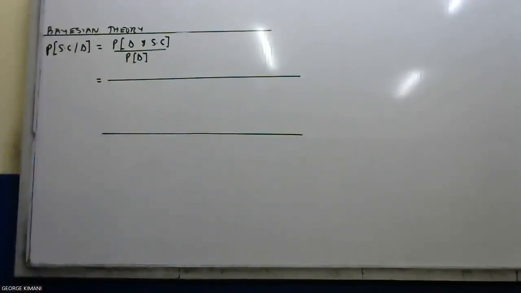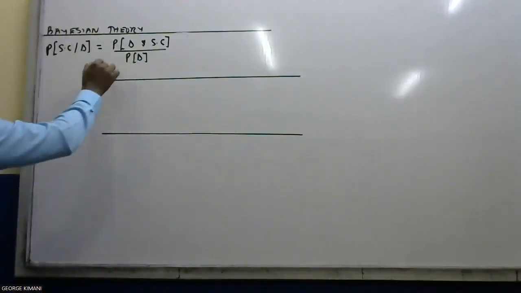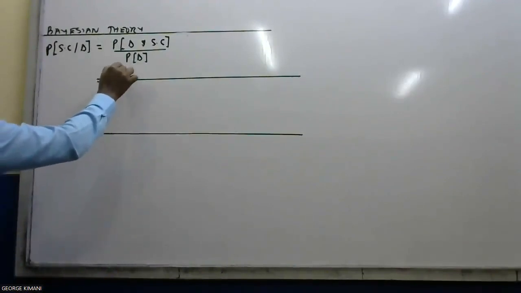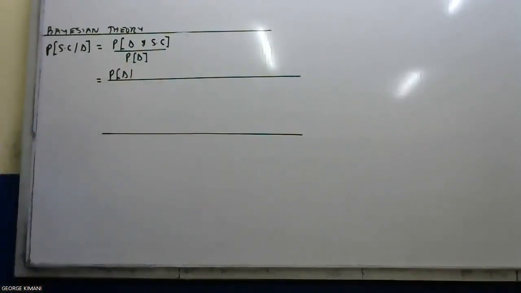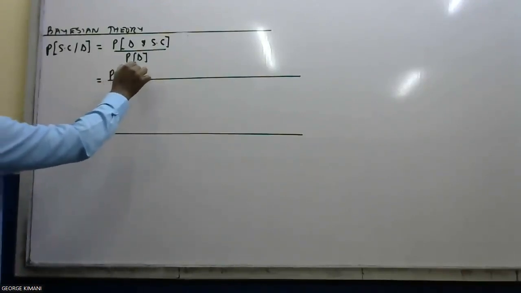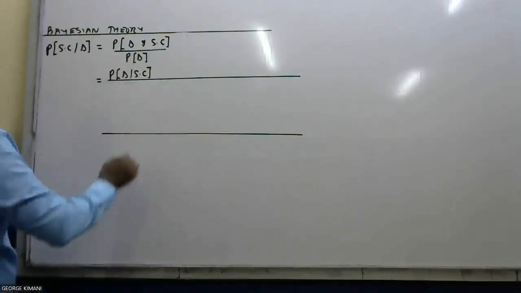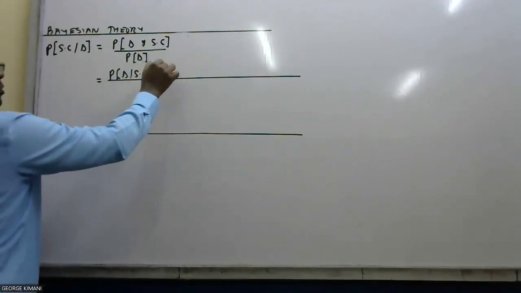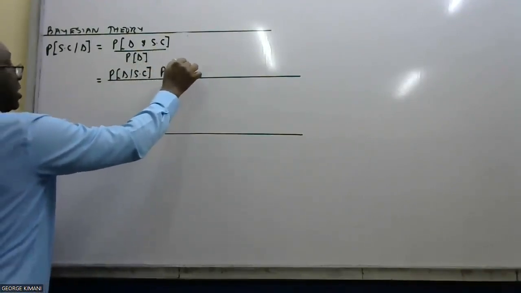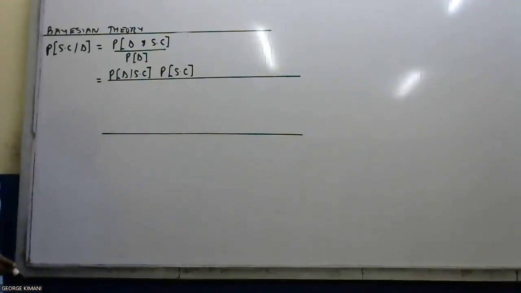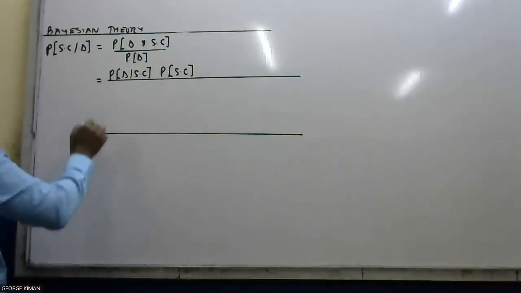It further opens up as probability of getting a defect given that we are set correctly, multiplied by the probability that we are set correctly.